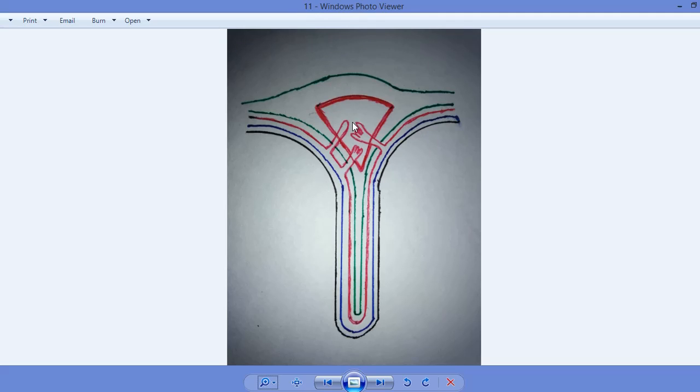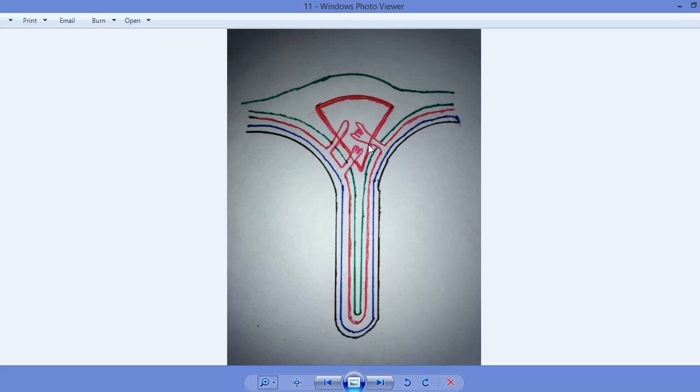To the superior sagittal sinus, a portion of the arachnoid mater is extended, or protruded. This protrusion is actually protruded firstly into the dura mater and then into the venous sinus, the superior sagittal sinus.